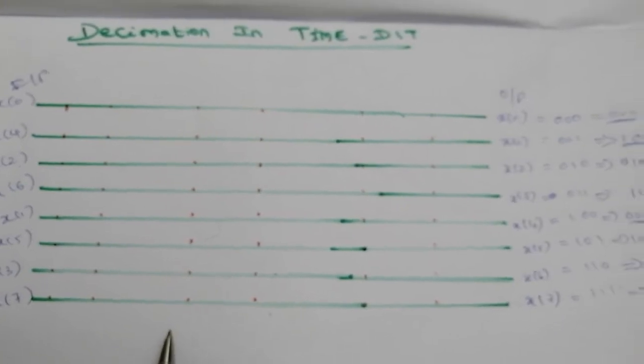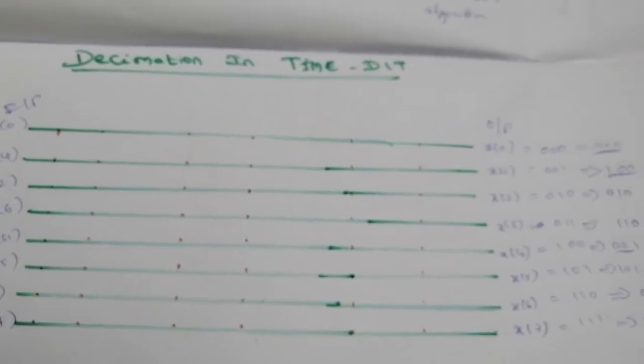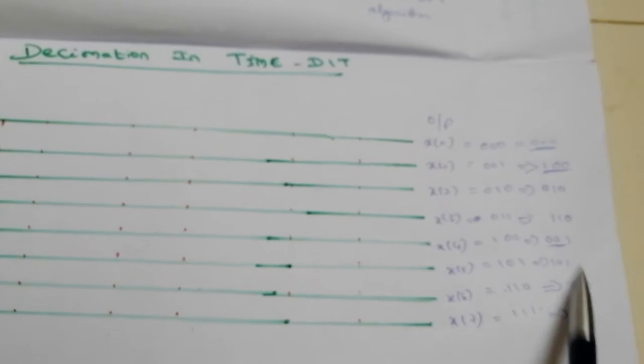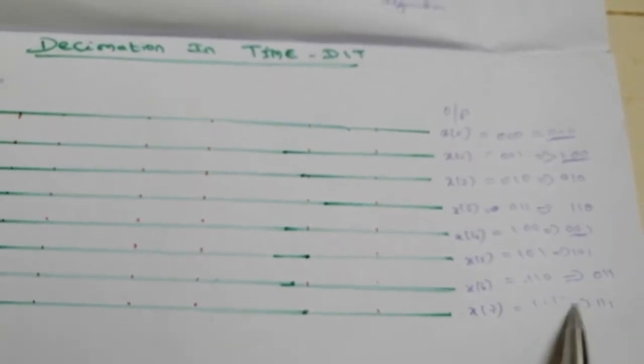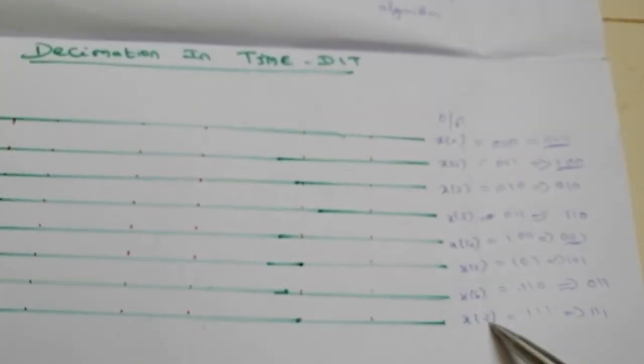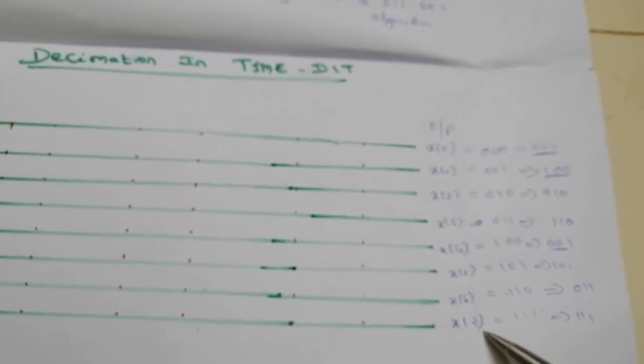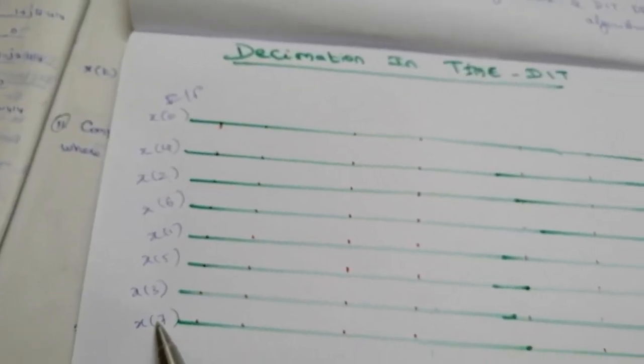Is it clear? Bit reversal. In every problem, there is no need to write these things. This is for your understanding. We simply write the output side in normal order, that is the sequence 0 to 7, and the input side as the bit reversal of the sequence.